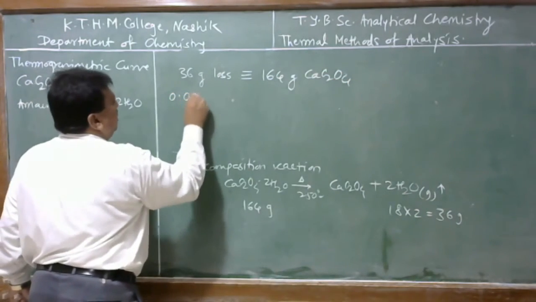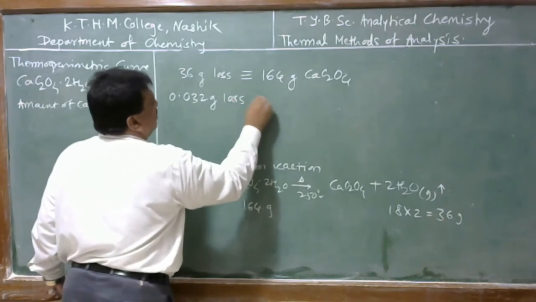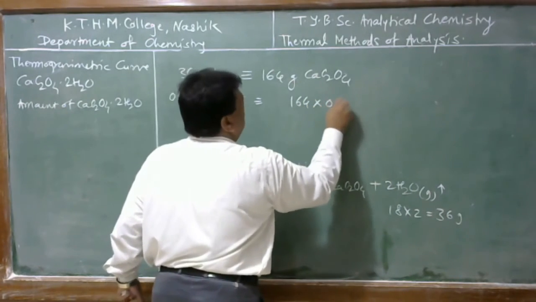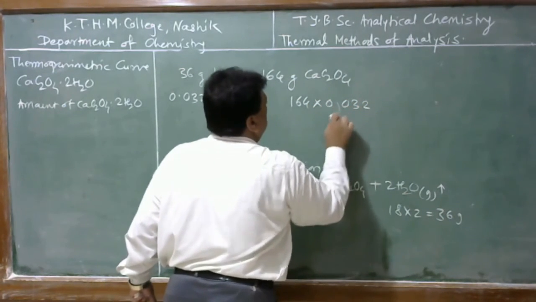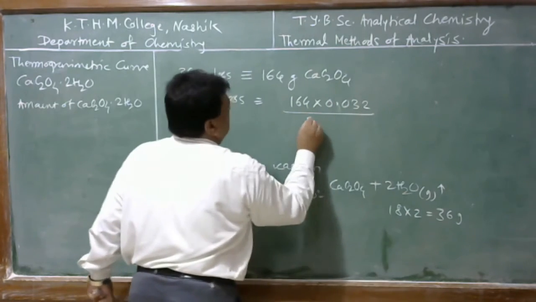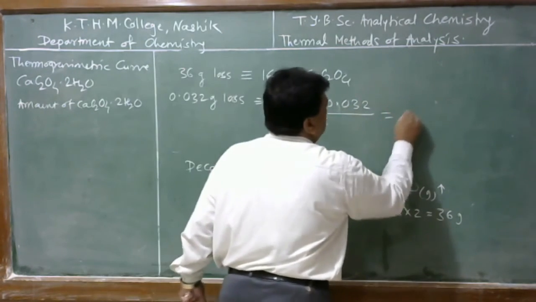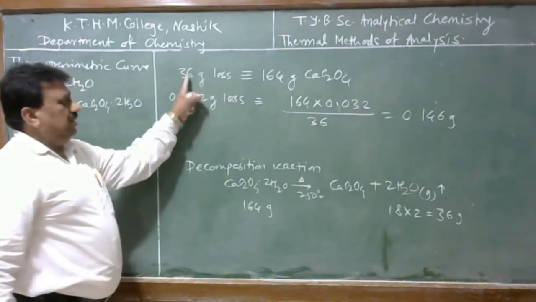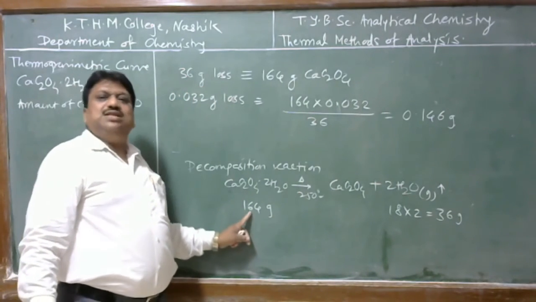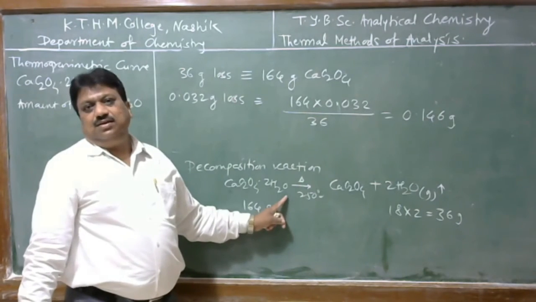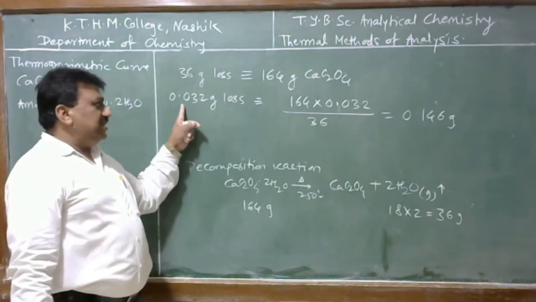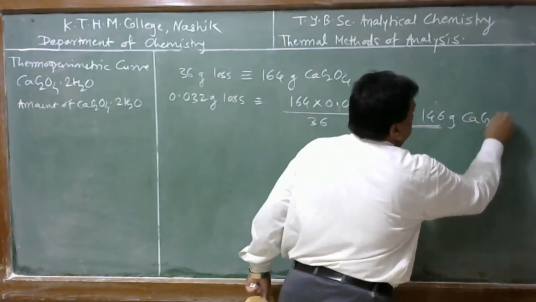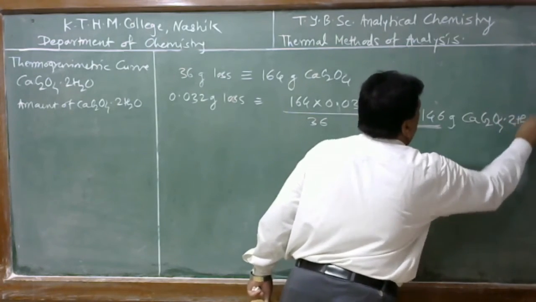Therefore, 0.032 gram loss corresponds to how much? 164 into 0.032 divided by 36, and by calculation this value is 0.146 gram. Therefore this much loss corresponds to 0.146 gram of calcium oxalate we can find by calculation.